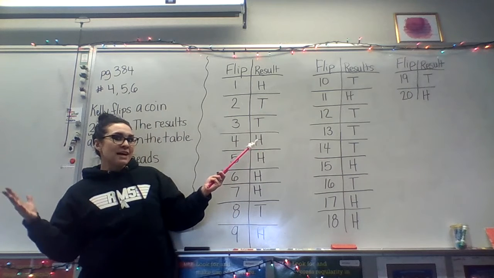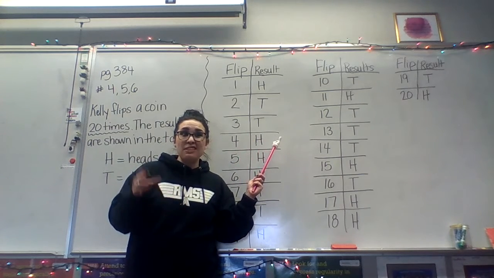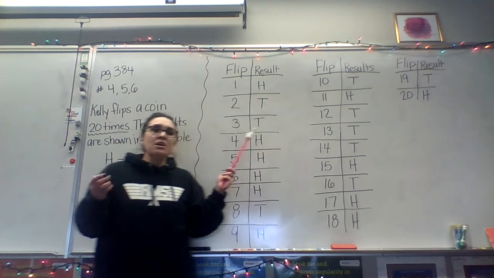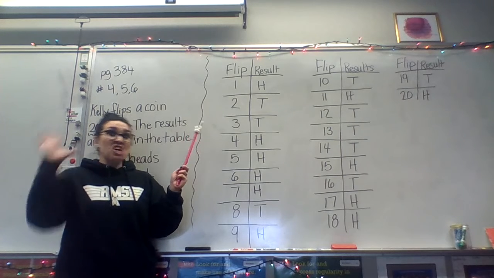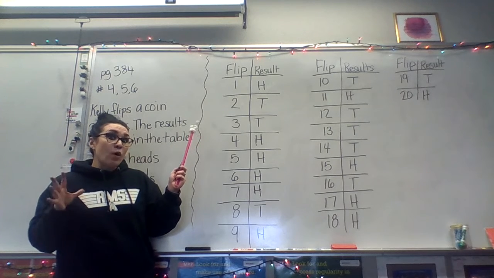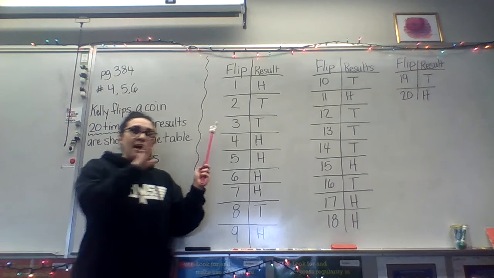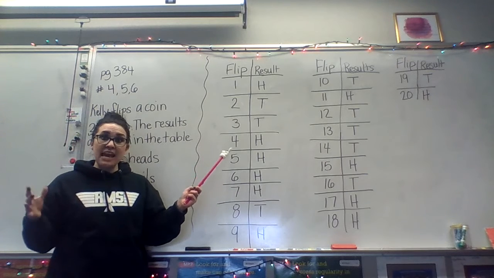Half of the time we'll get heads, half of the time we'll get tails, because again, there's only 2 options. That's it, right? So number 4, that theoretical probability, just an idea, since that coin only has 2 options, it should be 50-50. Half of the time it's heads, half of the time it is tails.